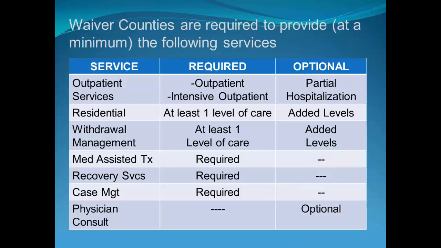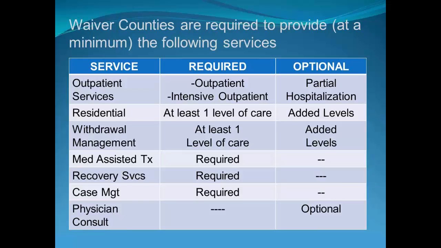The waiver is really requiring counties to provide at minimum the following services. And this is right again out of the waiver language. Outpatient, your outpatient ODF, intensive outpatient. You have an option of partial hospitalization, but definitely outpatient and IOP. Residential, at least one level of care.